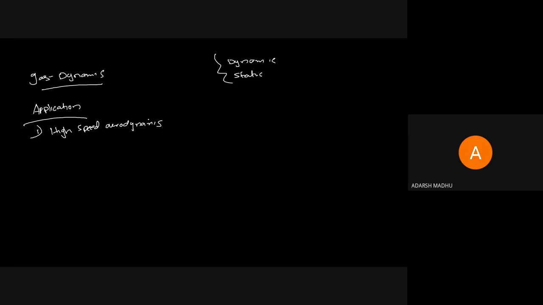To increase the velocity, you want to decrease the area and regulate the pressure. So the application of CFF is to increase the speed in aerodynamics and to increase the propulsion system performance. The second one is rocket and missile propulsion.